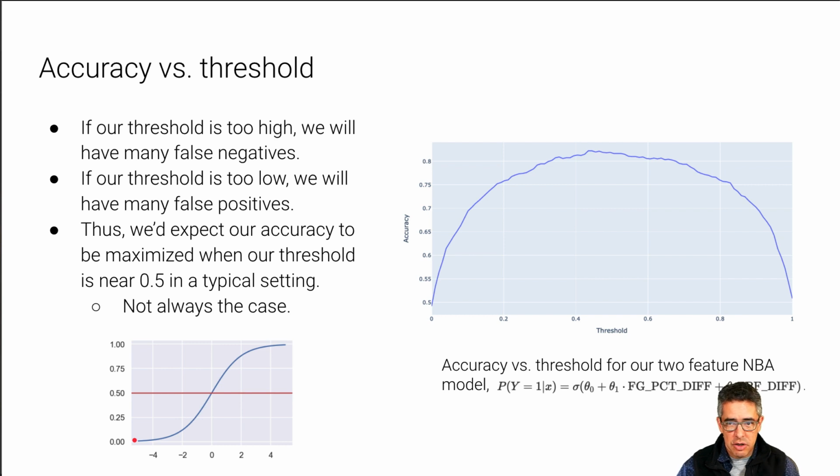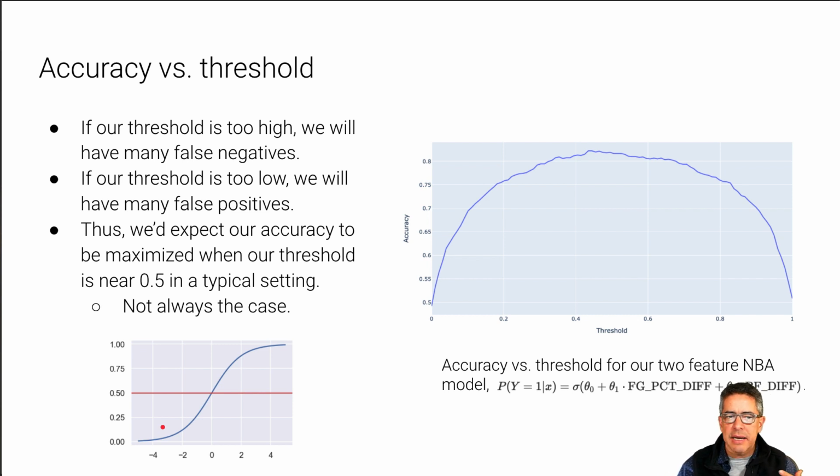But chances are not all the data belong there, which means a lot of those classifications will be false negatives. And conversely, if we move the threshold very low, then we're leaving most of the classifications as going to class 1 up towards the top, but that's probably not true. There's going to be many data points in here that should have been classified as in class 0, and therefore we will have many false positives.